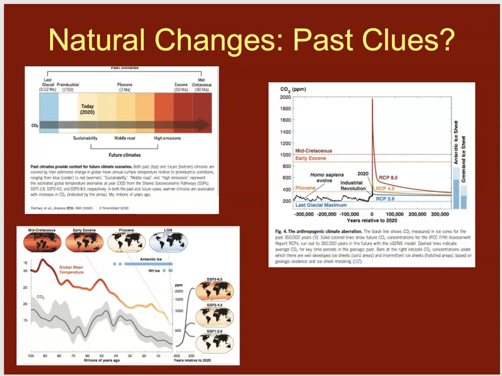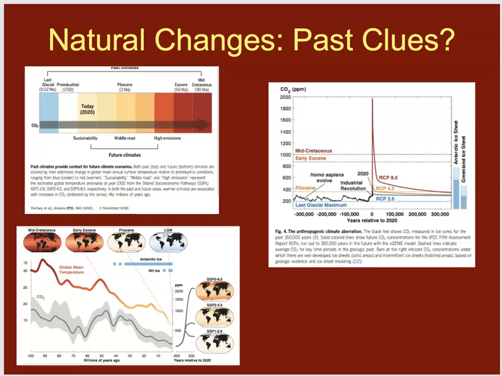Yet another way of looking at it graphically is on the right. Carbon dioxide levels are on the y-axis. Notice that the amount today is pretty similar to the Pleistocene. It's nowhere near as much as the early Eocene or the mid-Cretaceous. You've got the CO2 levels bumping around, quite low in the last glacial maximum.